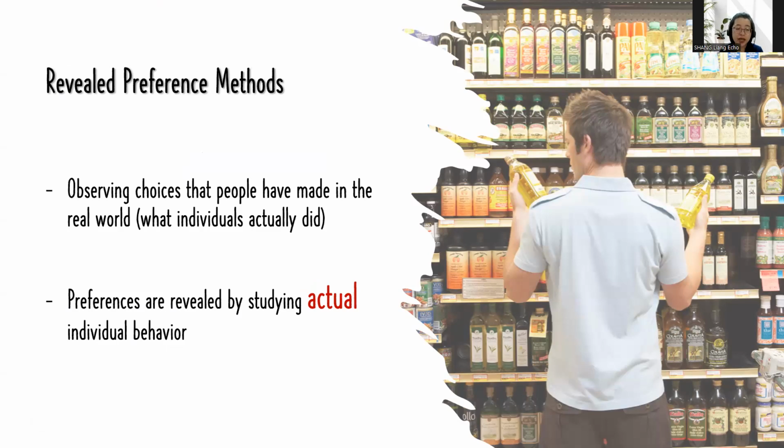So basically, these revealed preference methods observe choices that people have already made in the real world, what they actually have already done in reality. And we consider that their preferences can be revealed by looking into their actual behaviors.